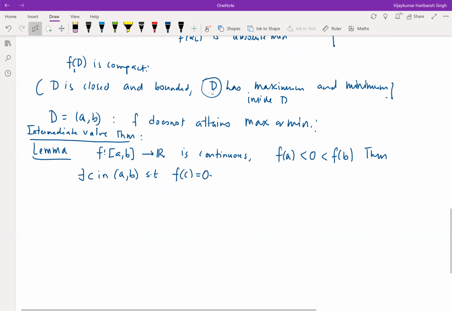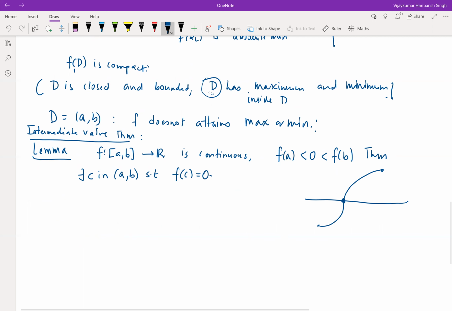Okay, so you have f of a, you have f of b, and you're hinting that there is something at which it becomes 0.